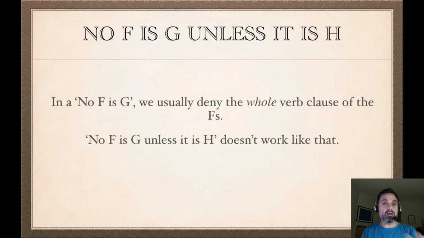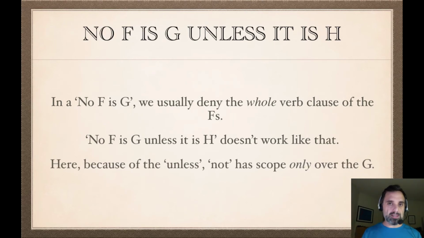And we're not denying G of all the Fs, we're denying it of the non-H ones. So we say, find the group of the things that are both F and not H, they're not G. Is there a thing that is F and not H that is G? No, there's no such thing.